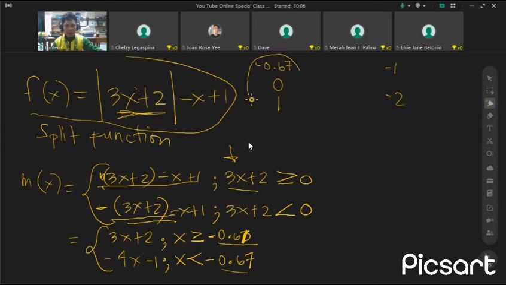Please substitute these values to the x of the positive side, and to the x of the negative side. Can you do it and post your answers to the chat box?